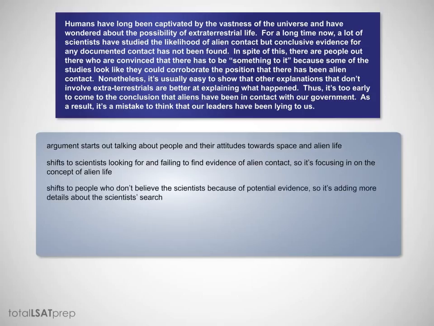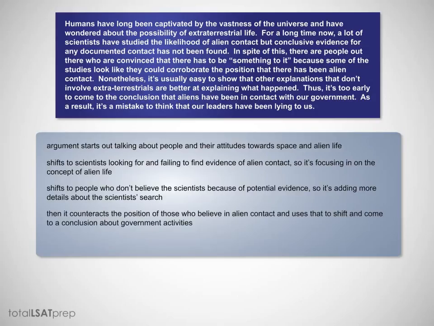It then shifts to people who don't believe the scientists because of potential evidence, so it's adding more detail about the scientist's search. Then it counteracts the position of those who believe in alien contact and uses that to shift and come to a conclusion about government activities. And finally shifts again and comes to the overall conclusion about our attitudes towards the government.